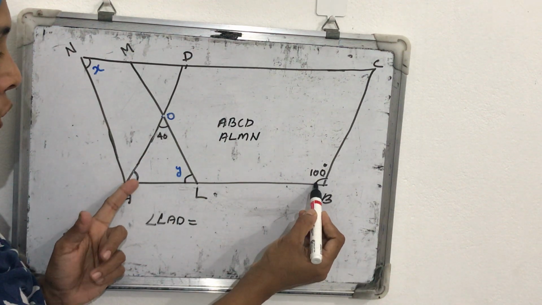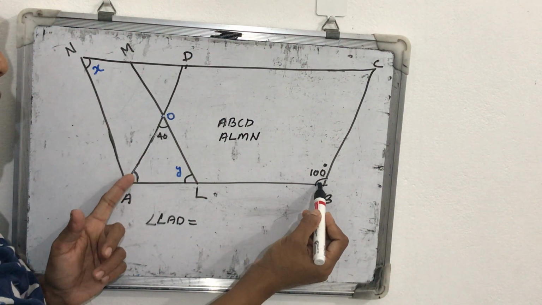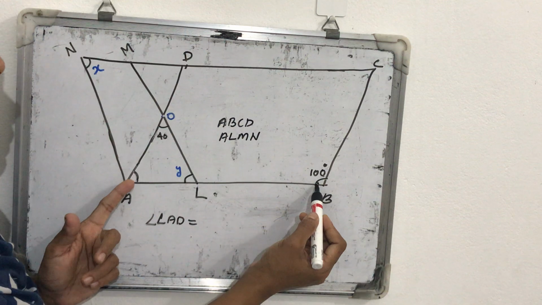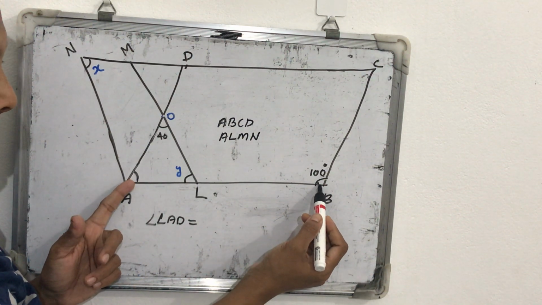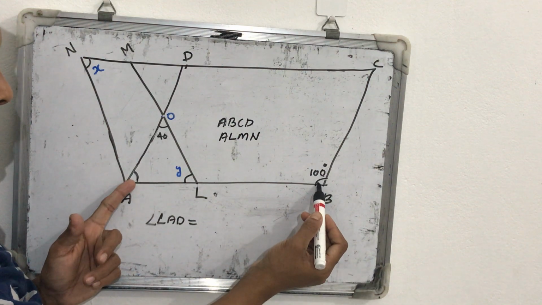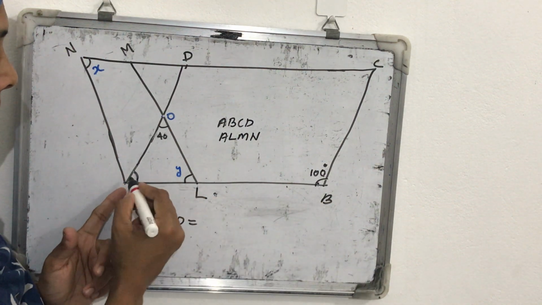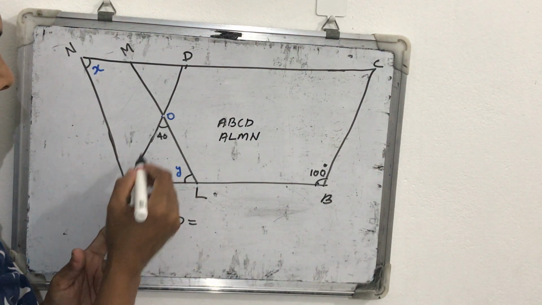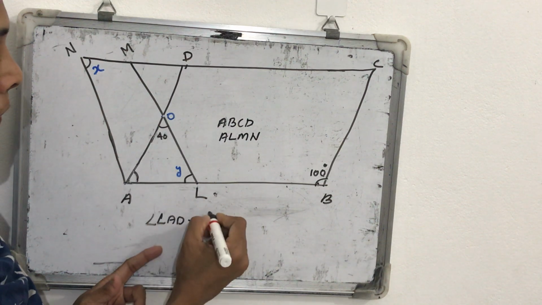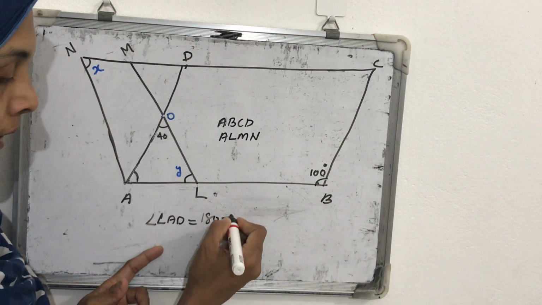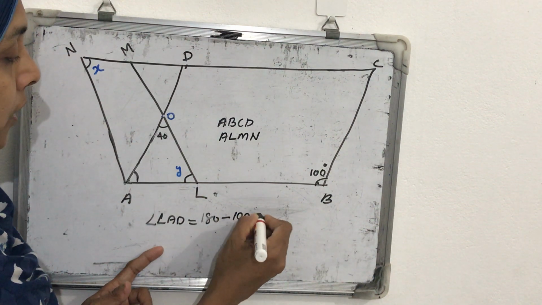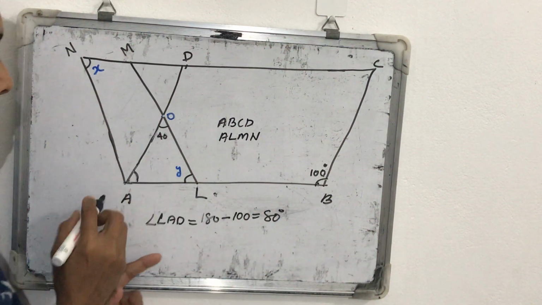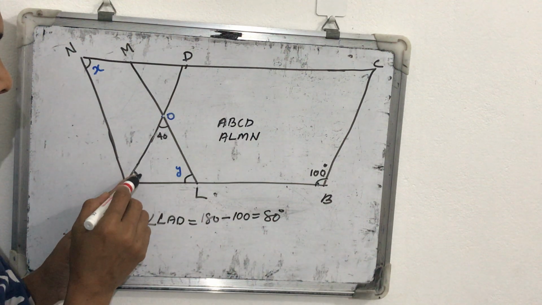So what about these two angles? These two angles are supplementary angles, because we know adjacent angles of a parallelogram are supplementary. So angle LAD will be equal to 180 minus 100, that's equal to 80 degree. So we got this as 80 degree.